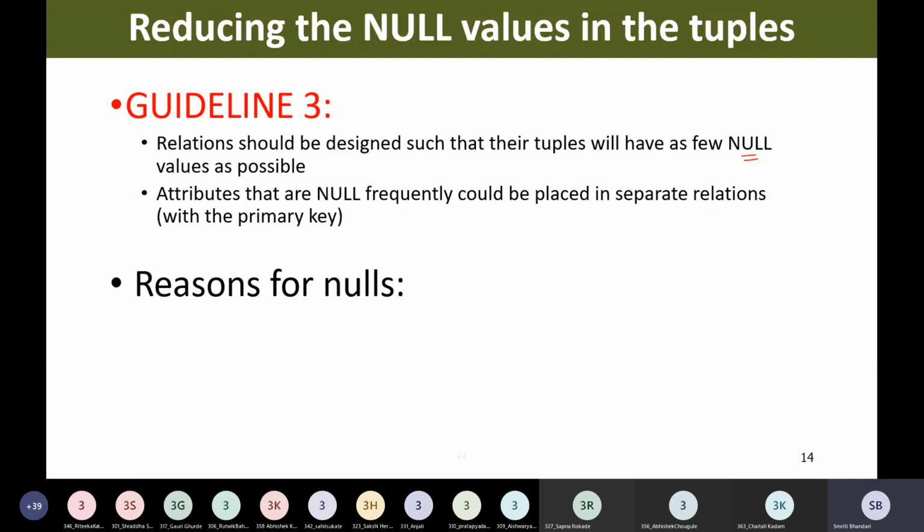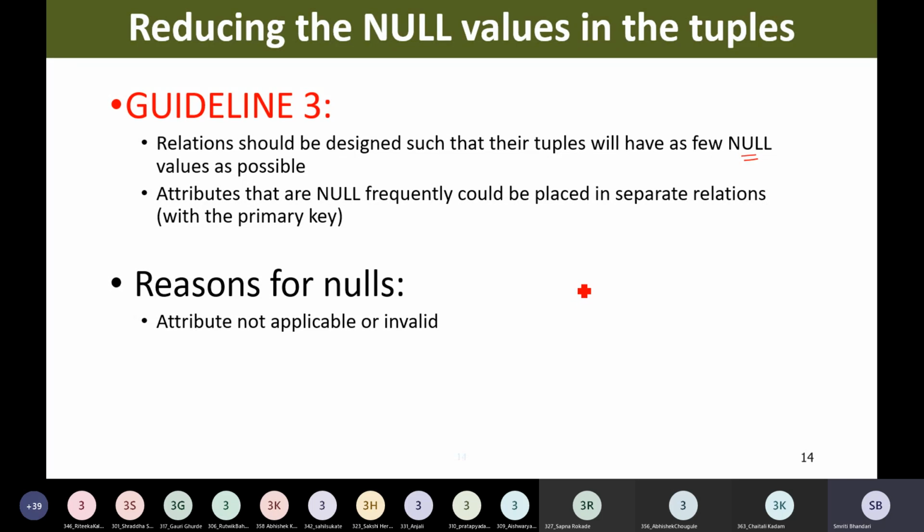So what are the reasons for null values? In fact, we had a discussion earlier about null values. We have three important reasons why we need to store null values for the attributes. Number one, attribute not applicable or invalid. What do we mean by that?